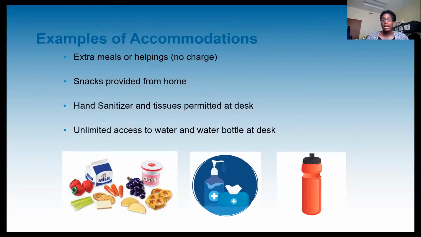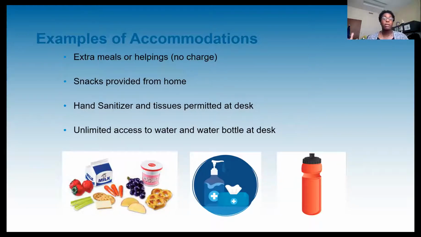Those snacks are generally brought by the parent or coming from home. And usually those snacks are making sure to follow any guidelines regarding school allergies or anything like that. So making sure we're following the school guidelines, and also not too tempting or attractive to the other students in the classroom. Sometimes a way that families will get around the student eating within the classroom is to have the snacks either just in their locker or stored in the nurse's office.